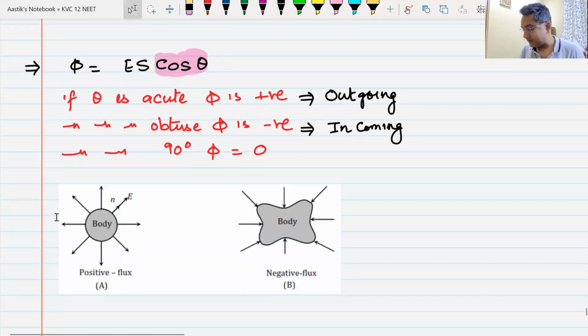This is outgoing: electric field lines are going away. It is outgoing flux. Electric field lines are coming in: this is incoming flux or negative flux. Do we understand this? Yes, sir. Note it down.